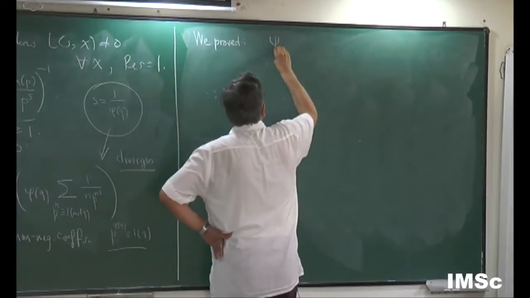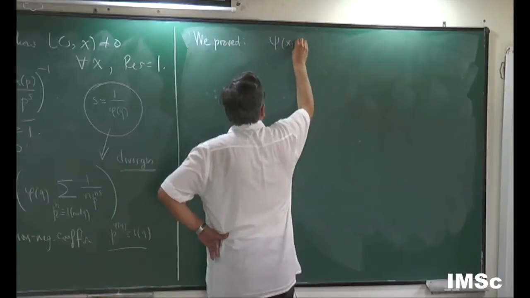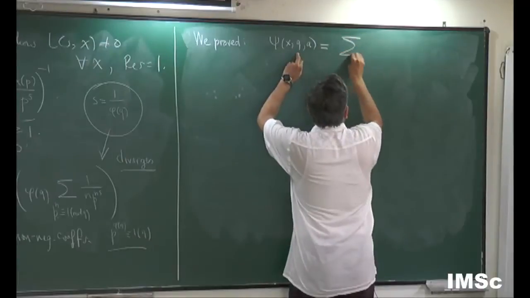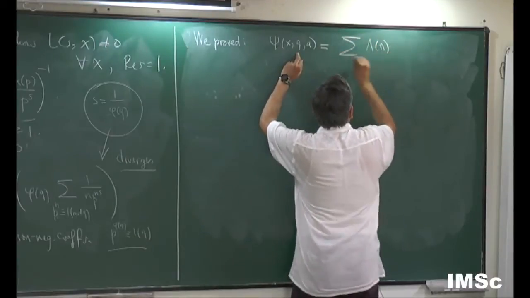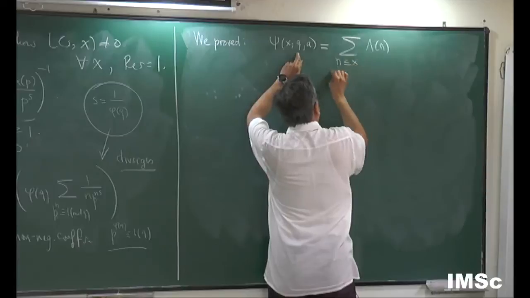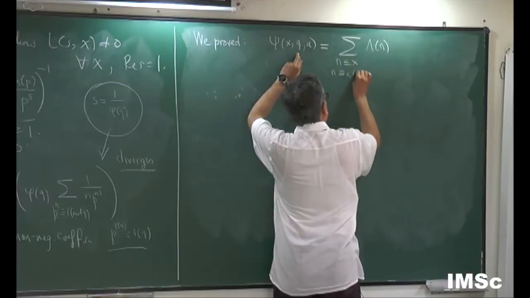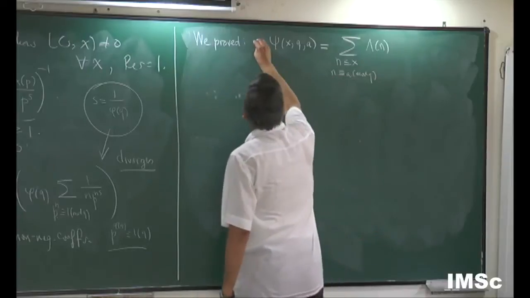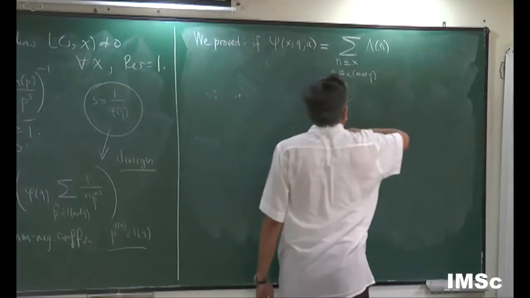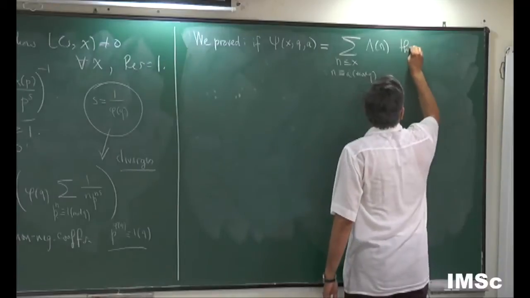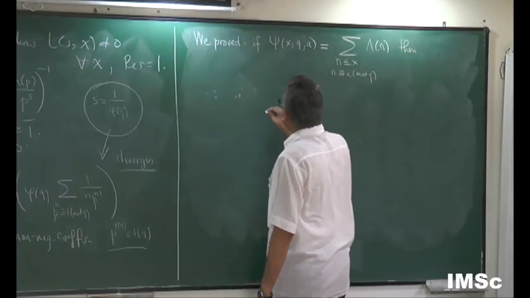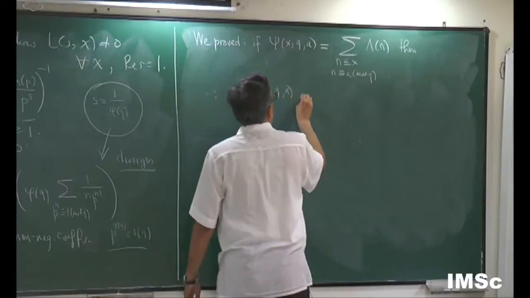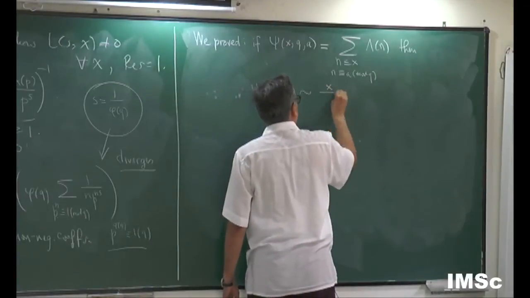You take psi(x; q, a), if this is the definition, then psi(x; q, a) is asymptotic to x over phi(q).